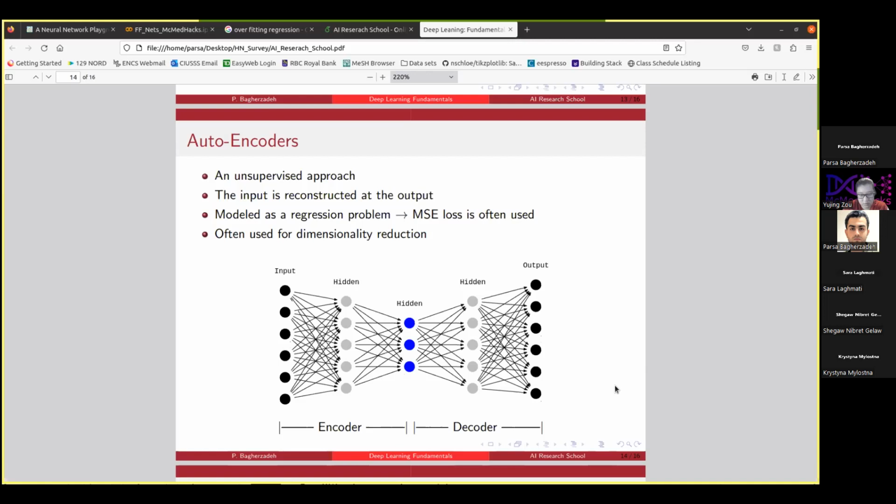Dr. Azizi talked about supervised machine learning, and I talked about supervised machine learning because I had labels. But autoencoders are unsupervised models; they are not using any label provided by experts. An autoencoder has two parts: an encoder and a decoder. Usually, not all the time, they are the mirror of each other.